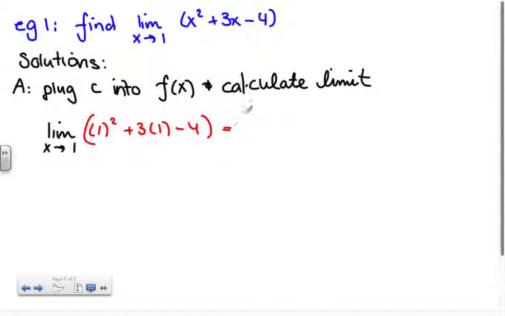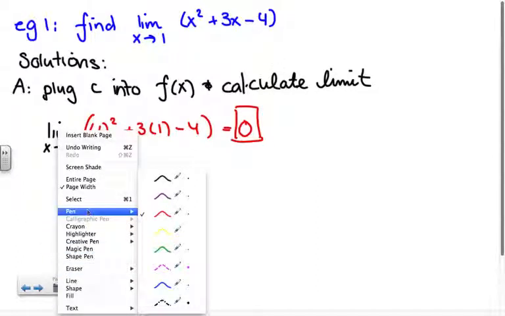And if I plug it in, 1 plus 3 is 4, 4 minus 4 is 0. That's the quickest one.